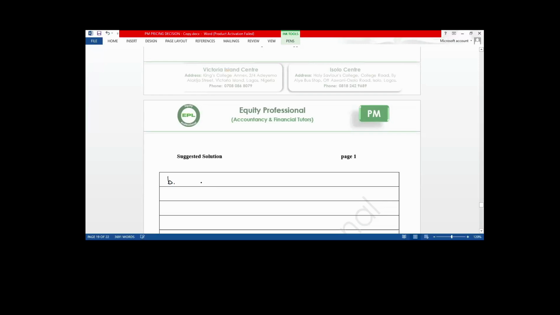B, examiner says, calculate price if 1, full cost plus pricing.